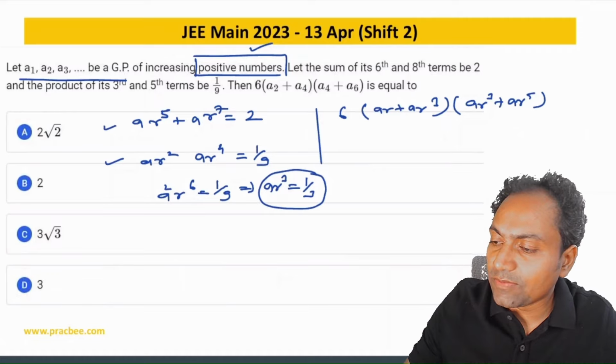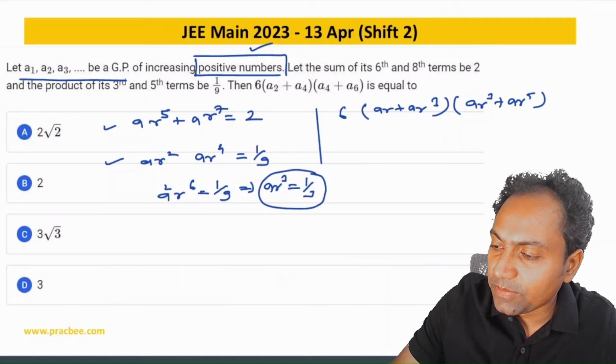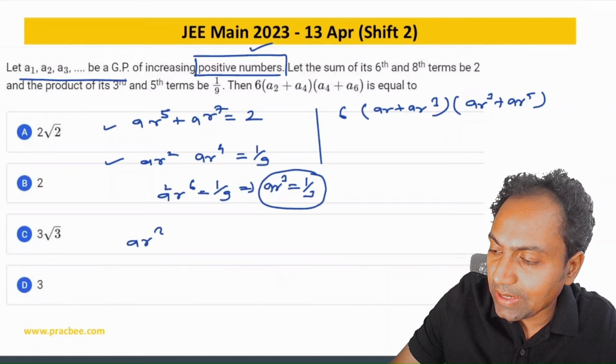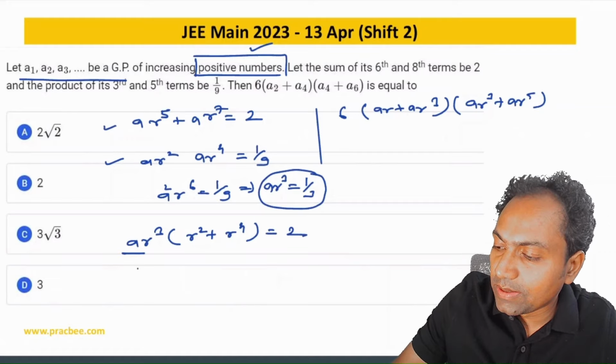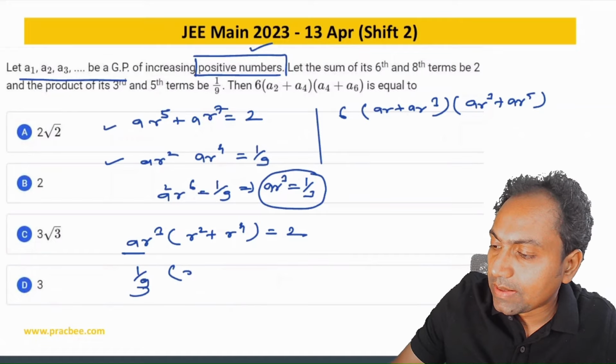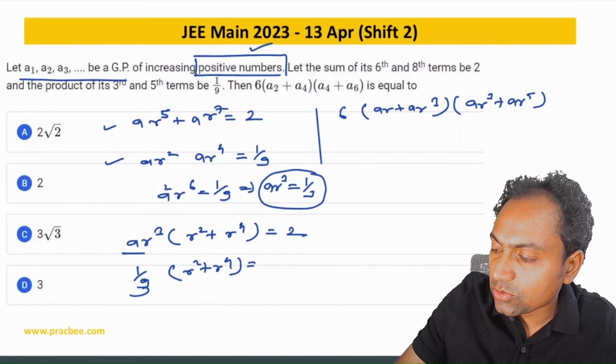Now, from the first piece of information they have given us, we can take ar cube as common. This becomes ar cube into (ar square plus ar raised to the power 4) is equal to 2. Ar cube can be written as 1 by 3, and this is r square plus r raised to the power 4 equal to 2.